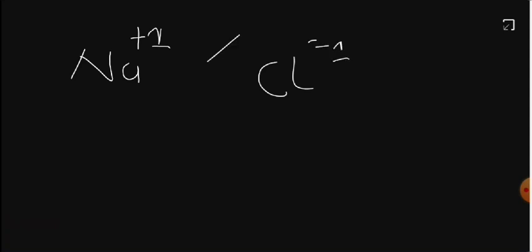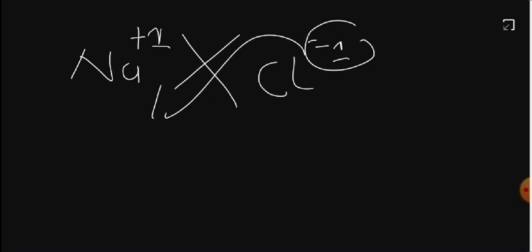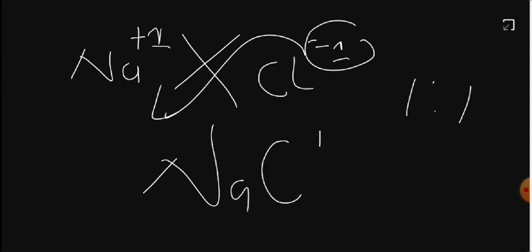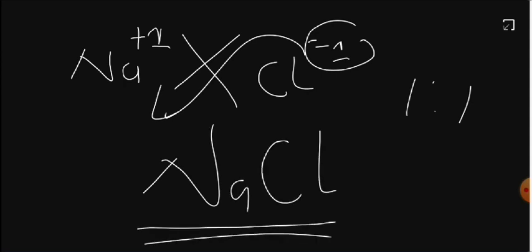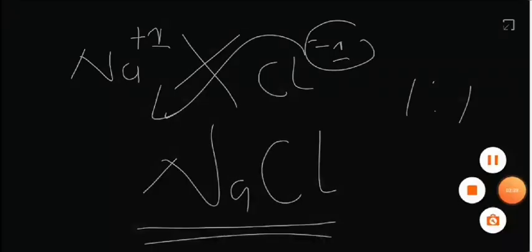So when you cross multiply, this ion comes down here and this ion comes down there. So since the ratio is 1 to 1, sodium becomes that and chlorine becomes that to form a single compound.